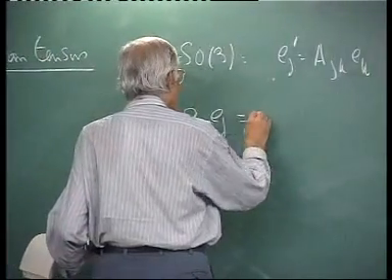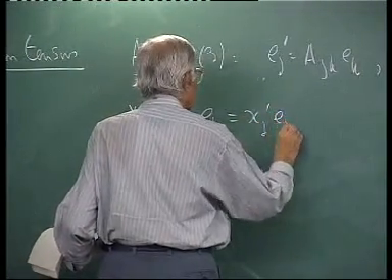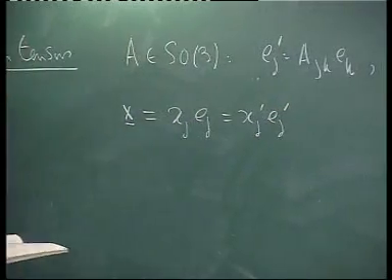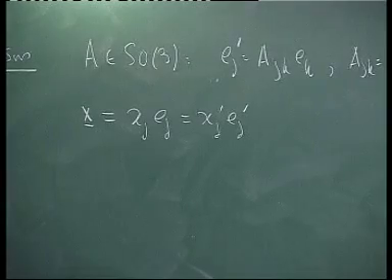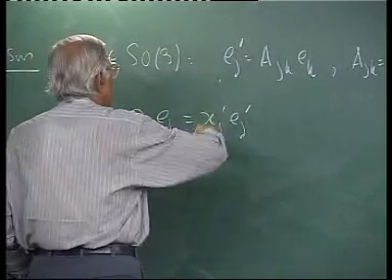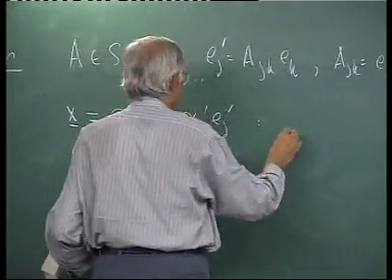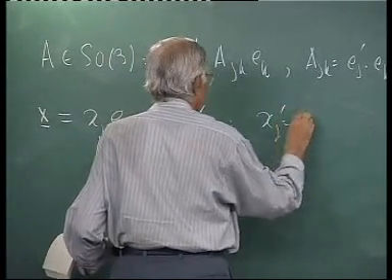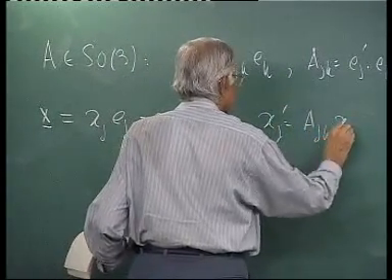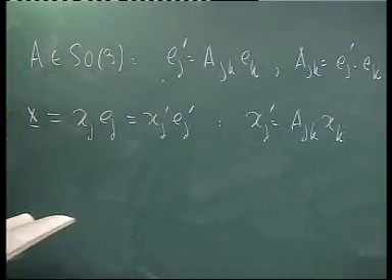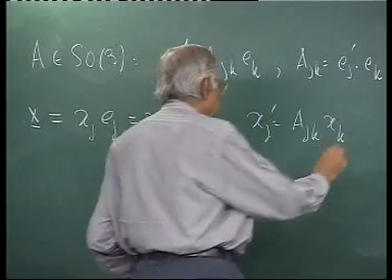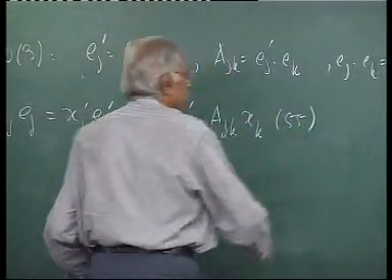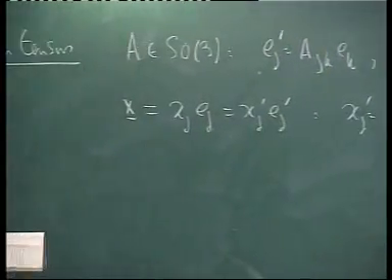The same vector with respect to the new Cartesian coordinate axis would have different Cartesian components. Put the two together and you will immediately see that the relation between the old and the new components of this 3-dimensional vector is given by the rotation matrix elements.